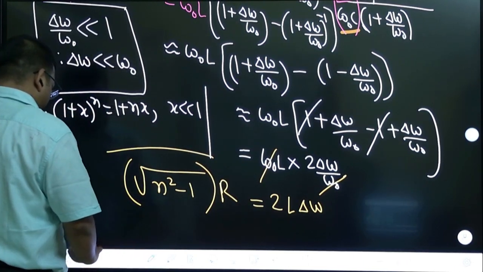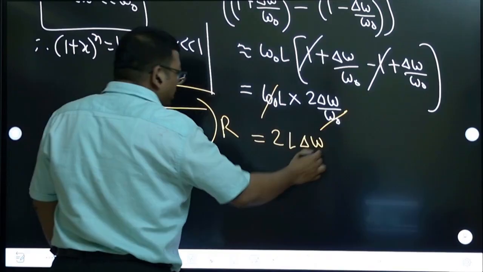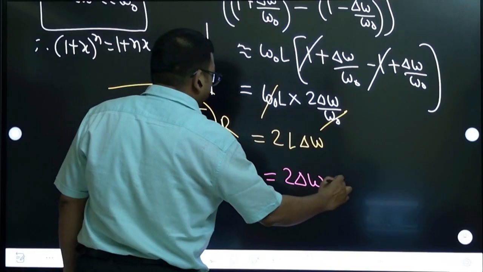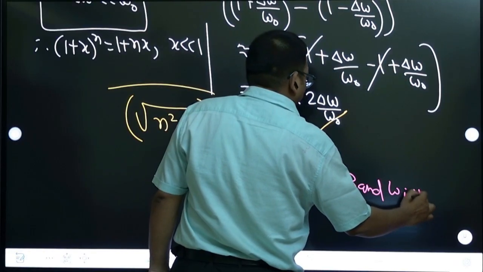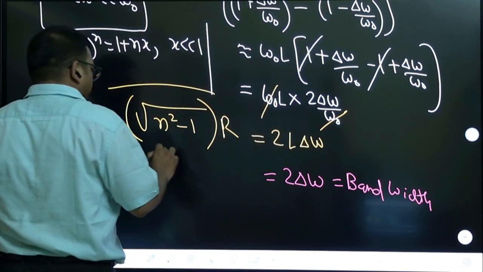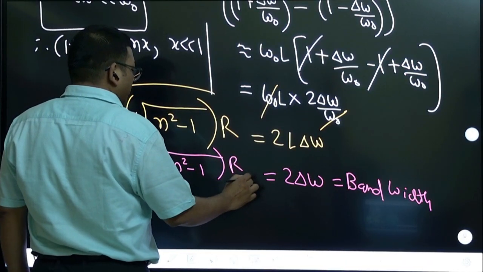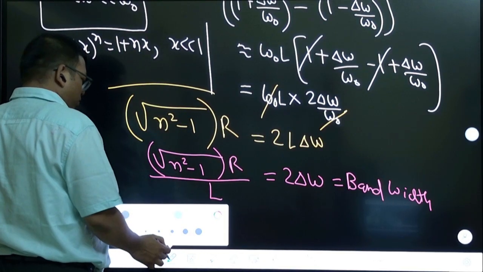So from here you got 2 delta omega, which was the bandwidth. We wanted to calculate bandwidth, and we have calculated it: root under N square minus 1 times R divided by L. That is the bandwidth formula.